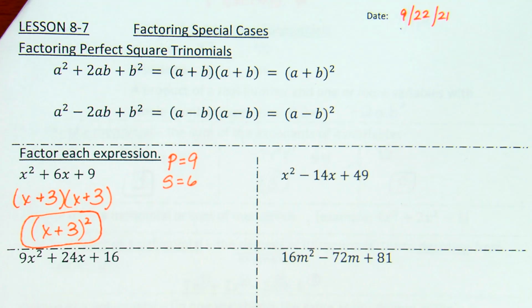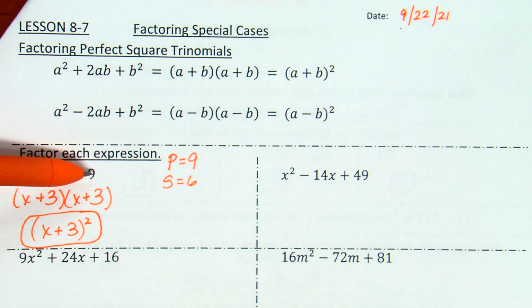The other option for how to do a perfect square like this is to talk square roots. With x squared and 9, what do I mean by square root of 9? What do we know about 9? Right, 3 is the square root, because 3 times itself equals 9.